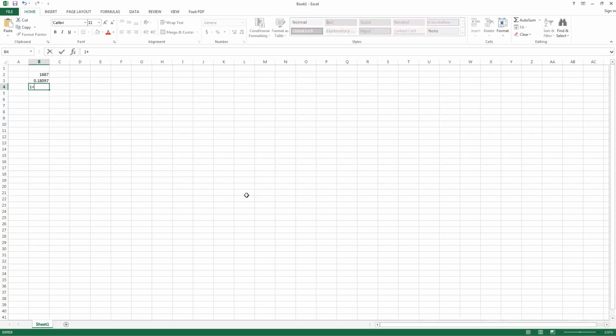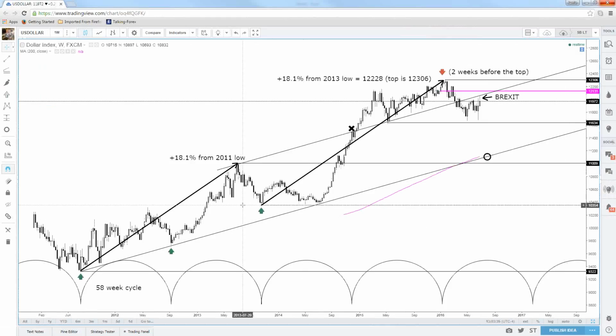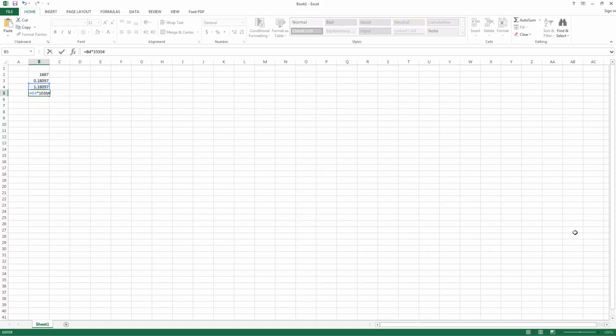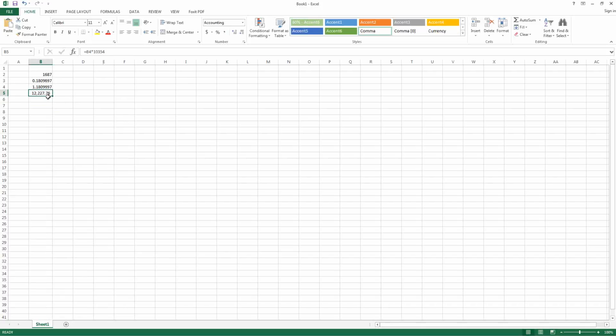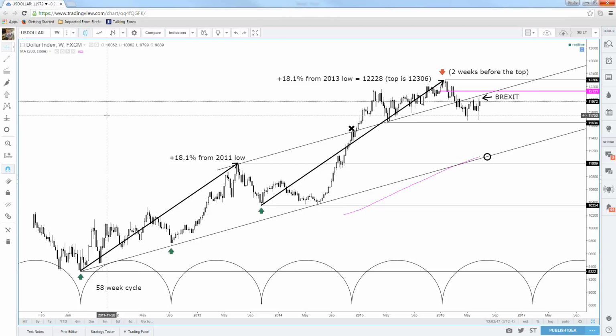Add 1 to that, and then multiply that by 10.354. And you get 12,228. Well, the high was 12,306. It's 8 points difference.